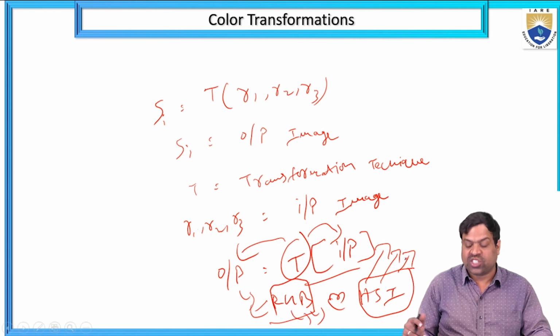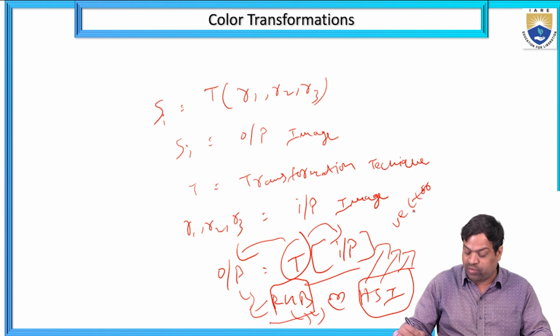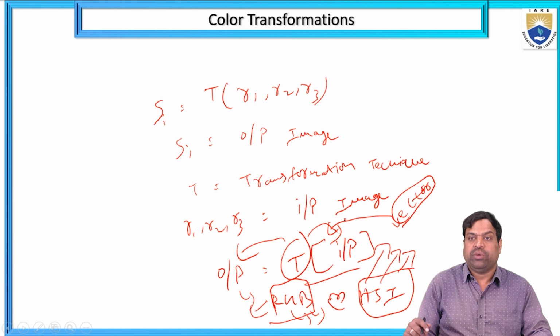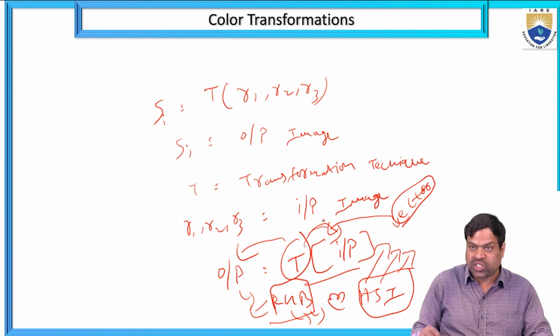HSI is one type of vector or transformation technique applied to the input image. The input image may be gray or color, whatever it may be, but I am applying the HSI vector transformation to the input image. When I apply the transformation technique to the input image, I get the output image.